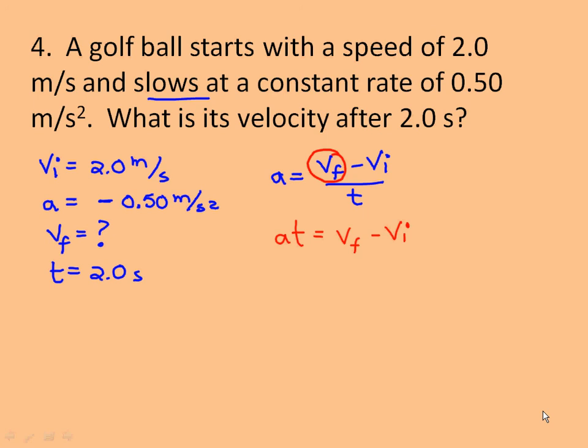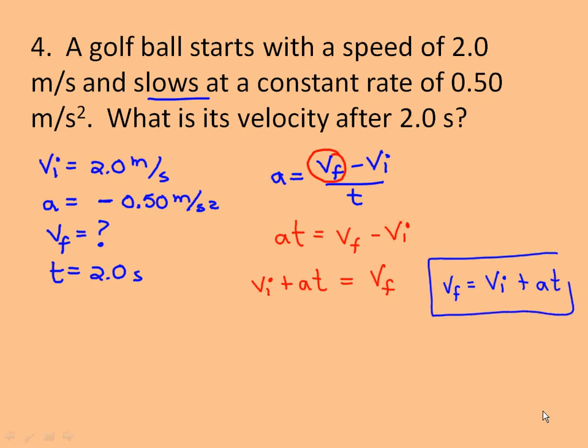So now I'm going to have VI plus AT equals VF. That's the equation I want to work with. Usually we write it VF is equal to VI plus AT. I'm going to put a box around that. That's my working equation.